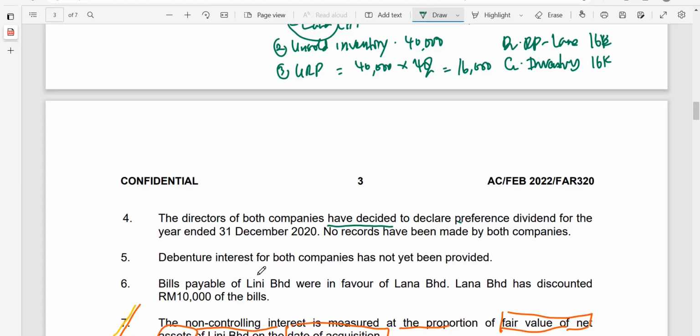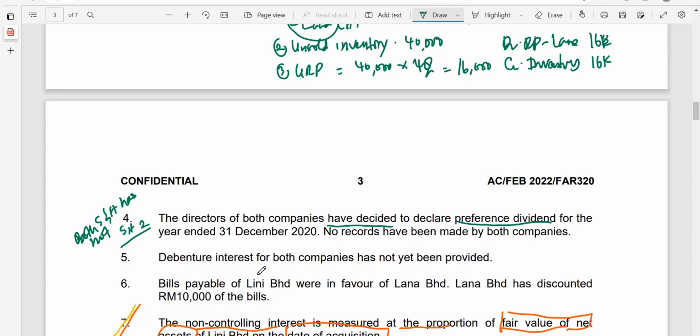to declare preference dividend for the year ended 31st December. So for preference dividend, this is actually situation 2, where both subsidiary and holding have not recorded.